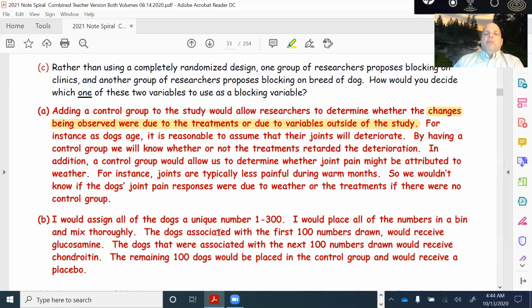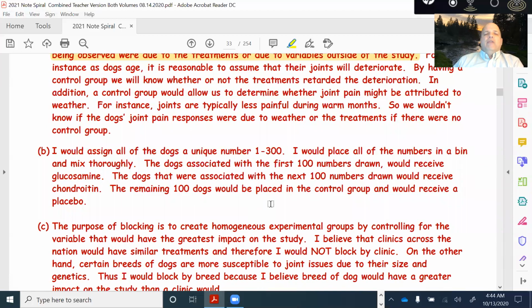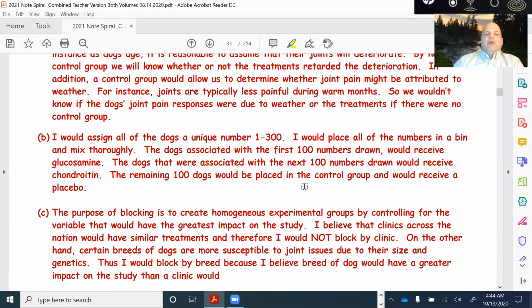All right, and we will block on the variable that we believe will have the greatest impact on the study. So that's how we're choosing the block. Once again, that particular part will not get me any credit, but it provides flexibility in the graders because they know that I know what blocking is.